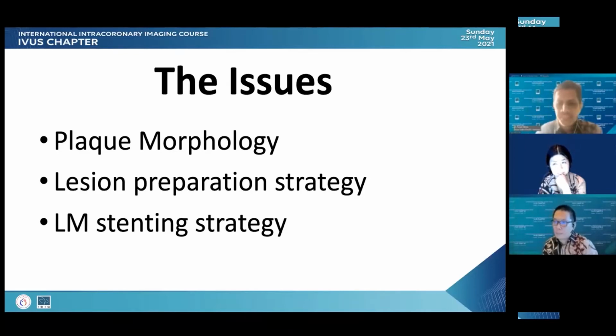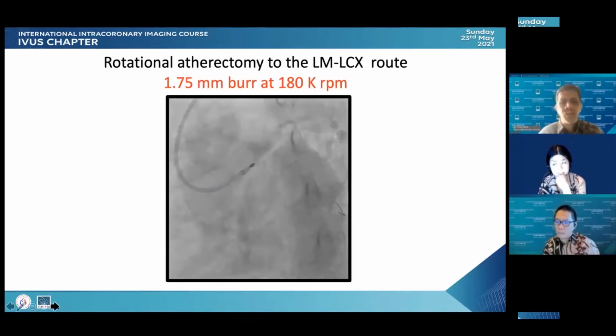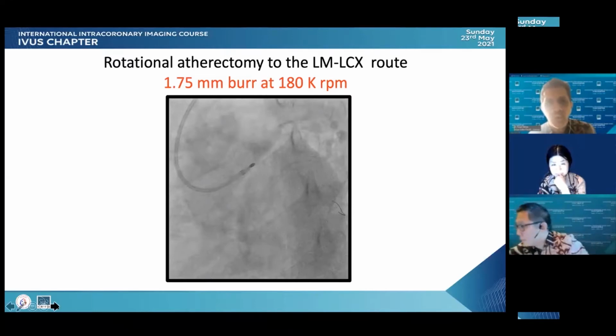So we decided to do a rotational atherectomy because the flow in the LAD was sluggish. Then we chose the route from the Left-Main to circumflex.